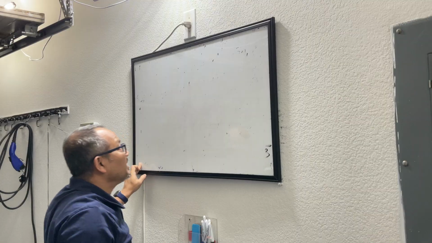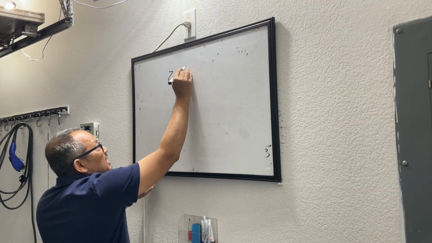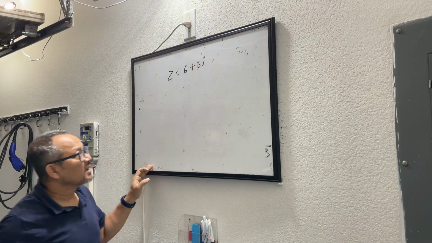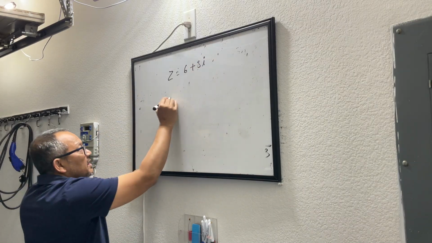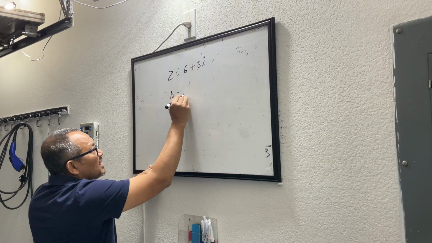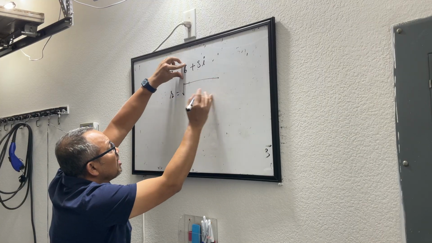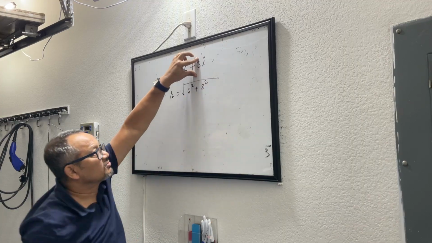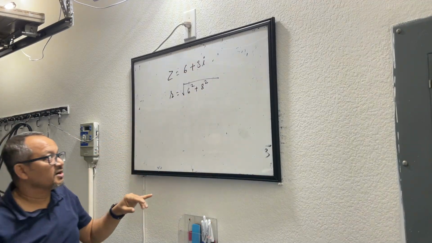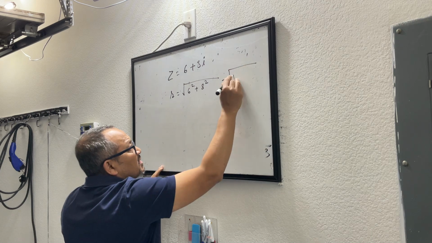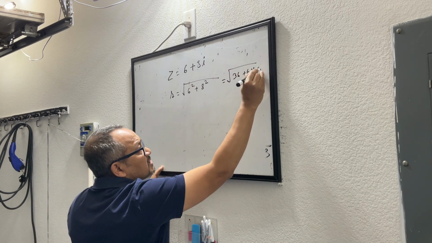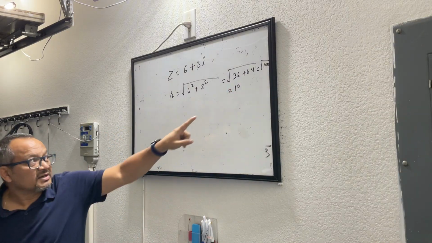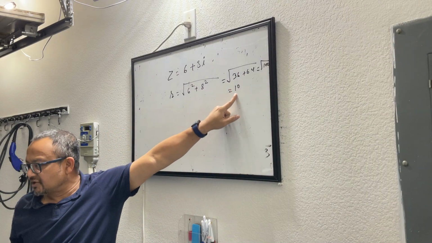So if I had a complex number z equals 6 plus 8i, my magnitude will be, if I call it r, the square root of real component square plus imaginary component square, which eventually turns out to be 36 plus 64 equals square root of 100, and that will be equal to 10. We got 10 as my magnitude.